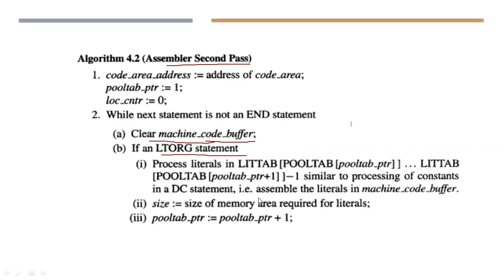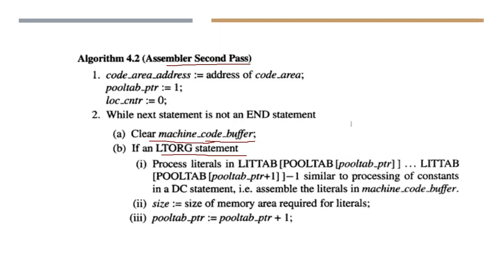That is, assemble the literals in machine code buffer in simple language. Next is size is equal to size of memory area required for literals. So we always say that literal needs only one size because literal is going to be a constant like DC. So we know DC needs only one memory space. So similarly, literals need only one space.